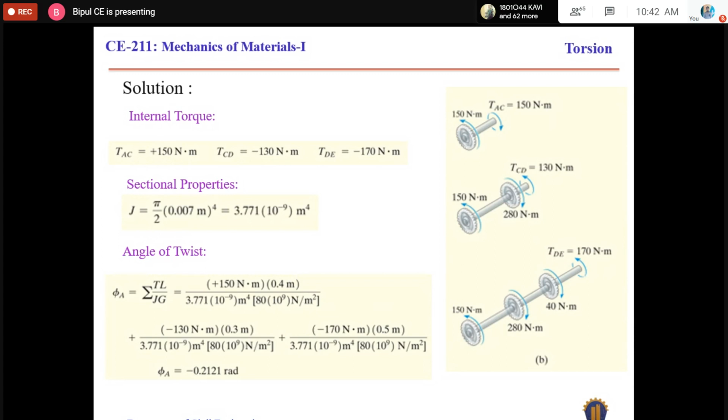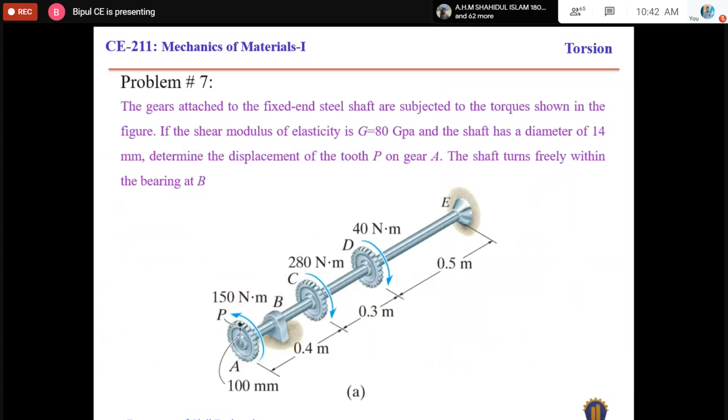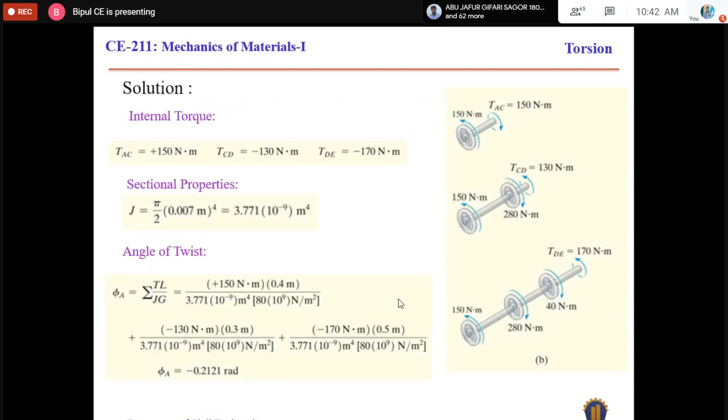And if we take another section from here between C and D, and draw the free body diagram of either the left side or the right side, say the right side, then it will be similar to this.